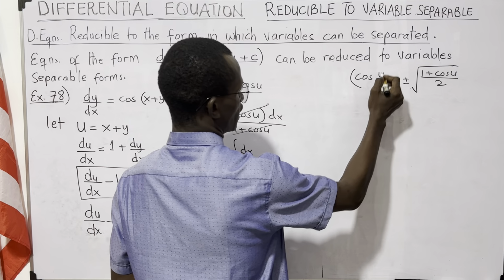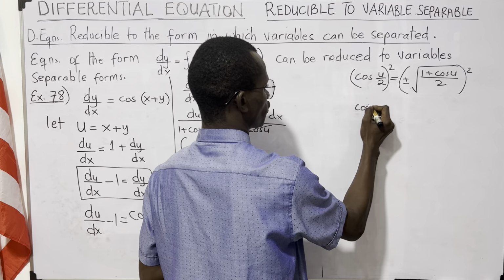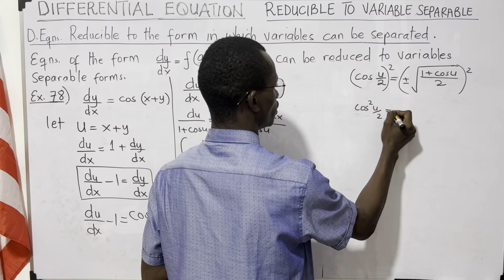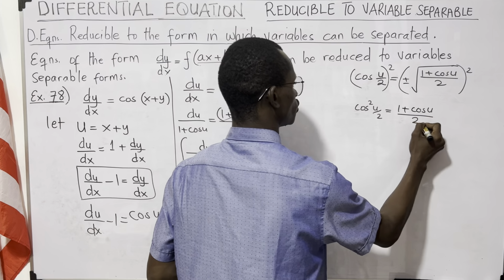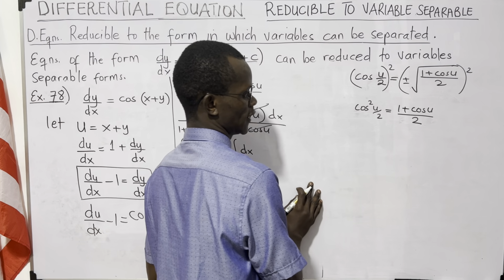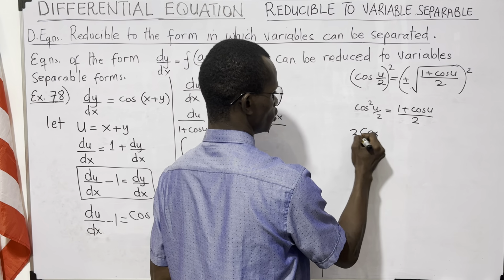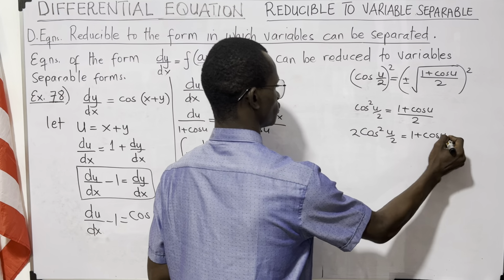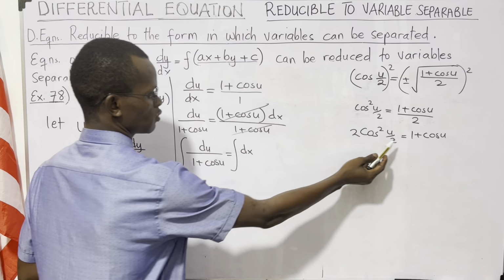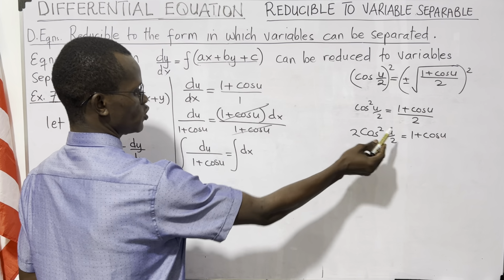So if we square both sides, we will have cos square u over 2 is equal to 1 plus cos of u all over 2, right? So if we multiply by 2, we will have 2 cos square u over 2 is equal to 1 plus cos of u. So wherever we see 1 plus cos of u, we're going to replace it with 2 cos square u over 2.